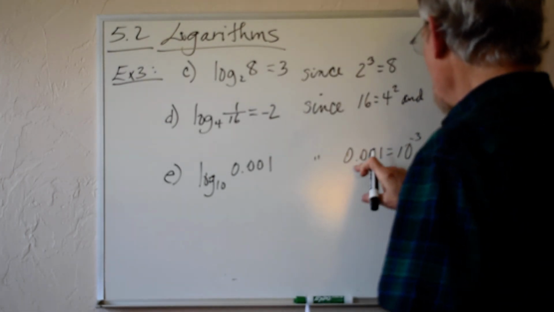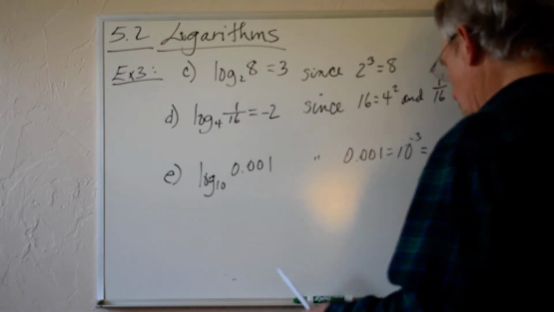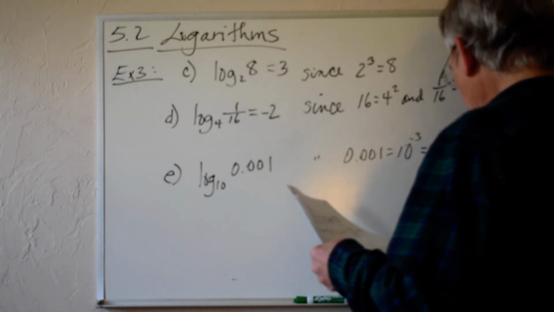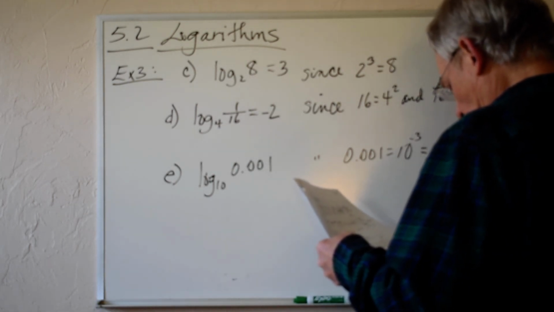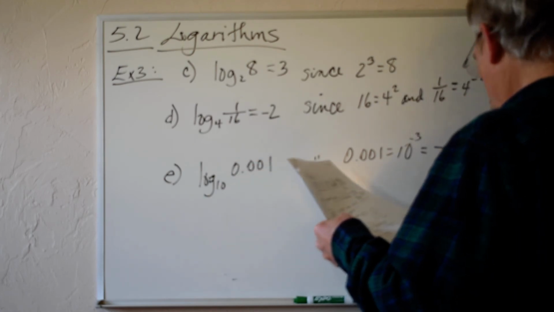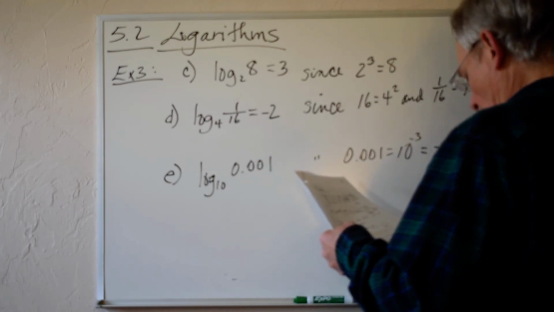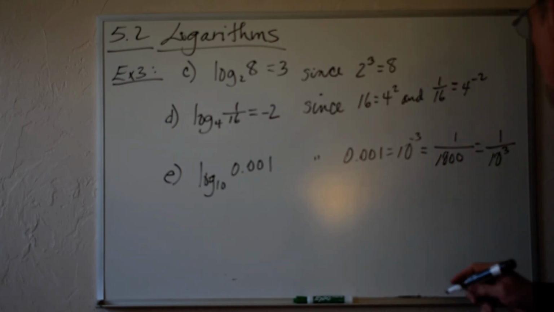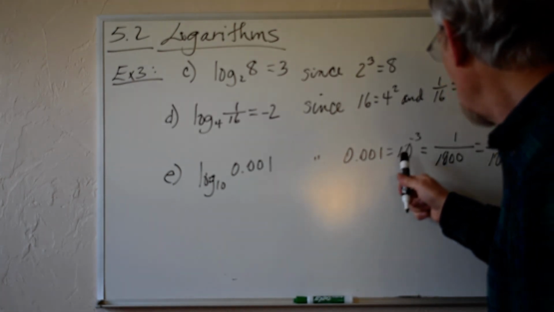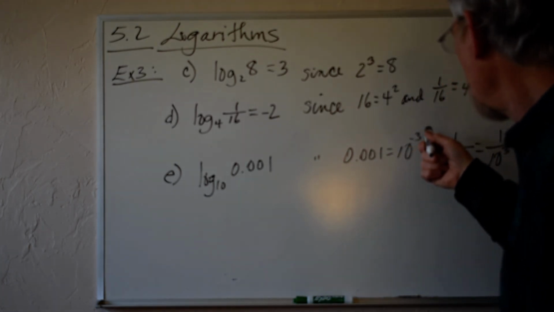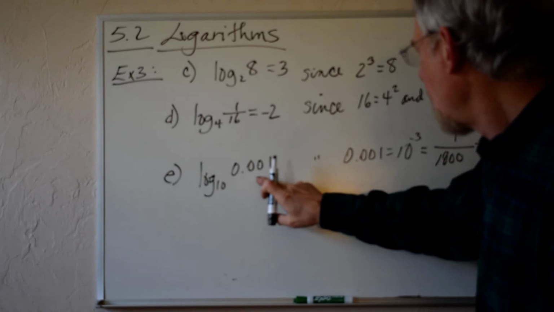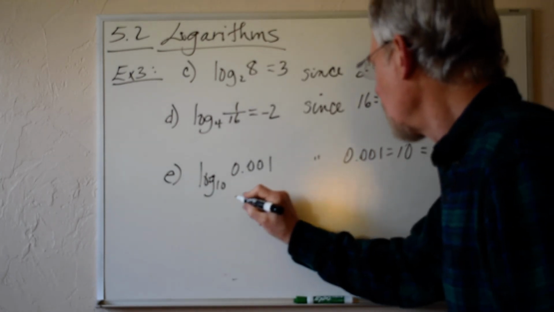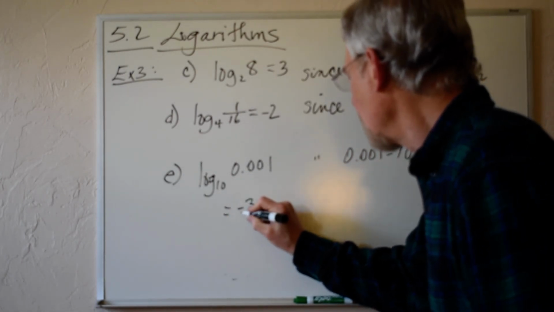And I know that this is the same as 1 over 1,000, which is the same as 1 over 10 to the third. They're all the same, right? Well then, this is telling me that if I take the base 10 and I raise it to the power negative 3, I get the number I'm supposed to get. So this equals negative 3.